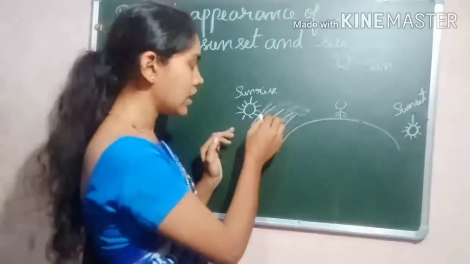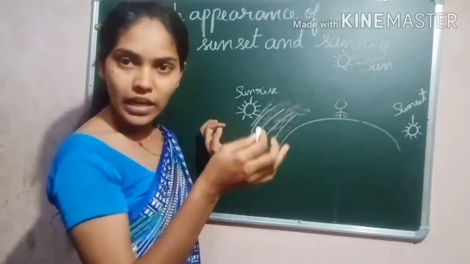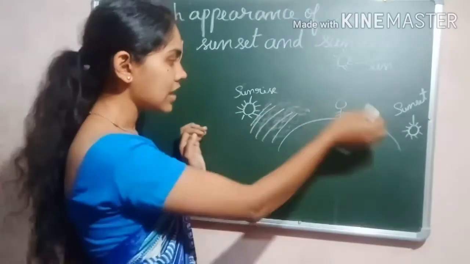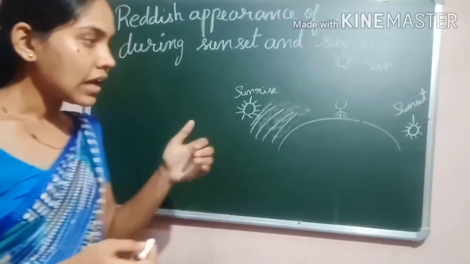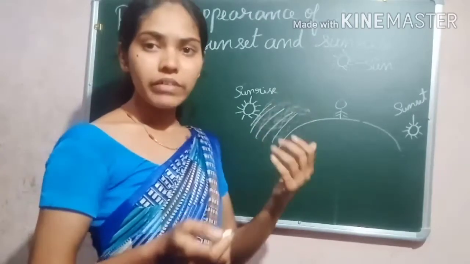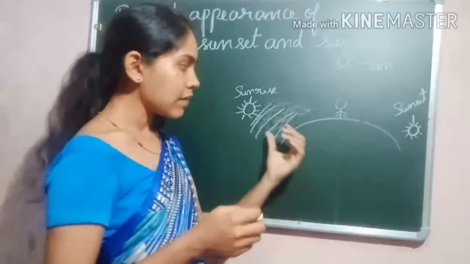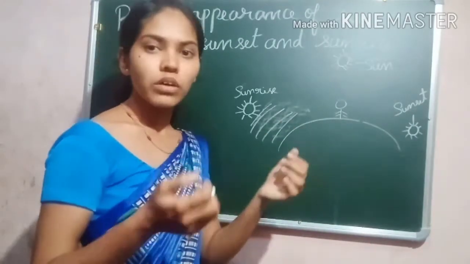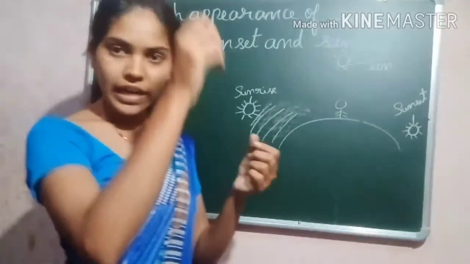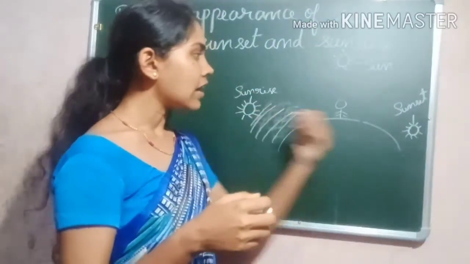So that is why the blue color is more scattered during the sunrise and sunset, and the color which is less scattered, the color which has a larger wavelength, can be seen by the observer. So we can see only the red color light during the sunrise and sunset.